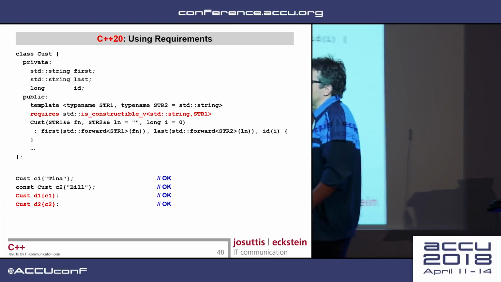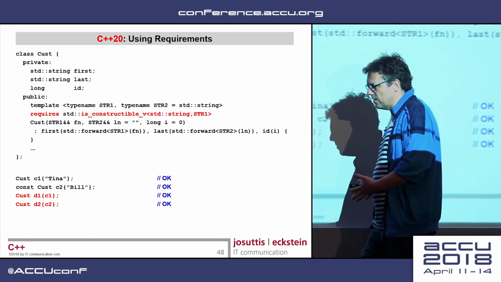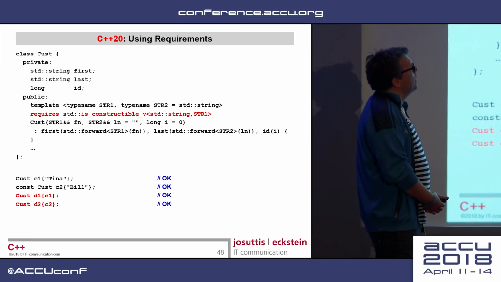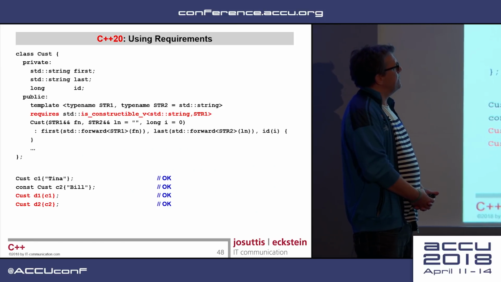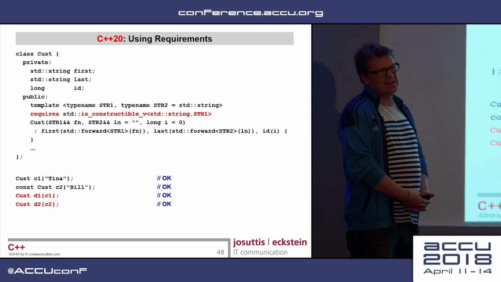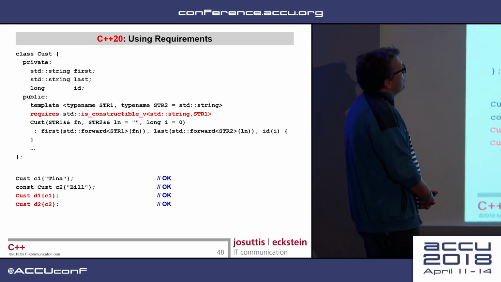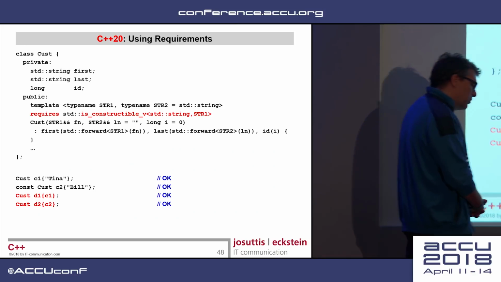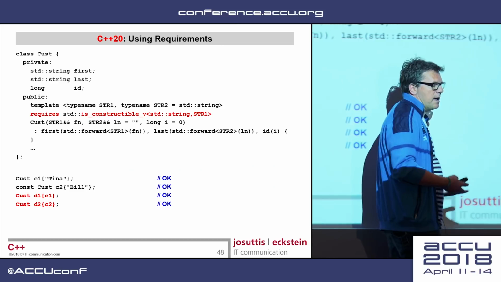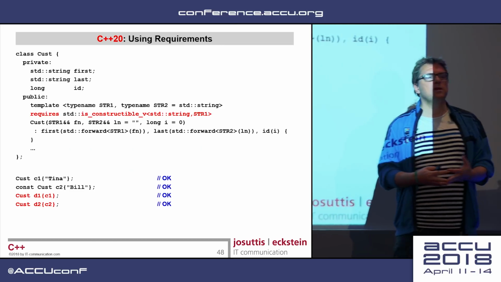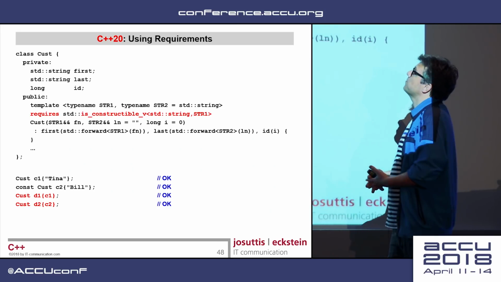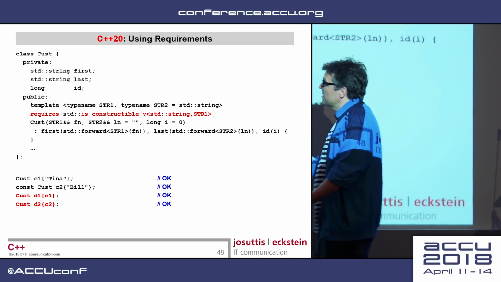This is part of the concepts library, by the way. This is, however, not a concept. It's a little bit bad that those who proposed concepts thought if we can then use requirements, they always have to be concepts. That was their argument to not accept this for C++17, because this is not a concept.